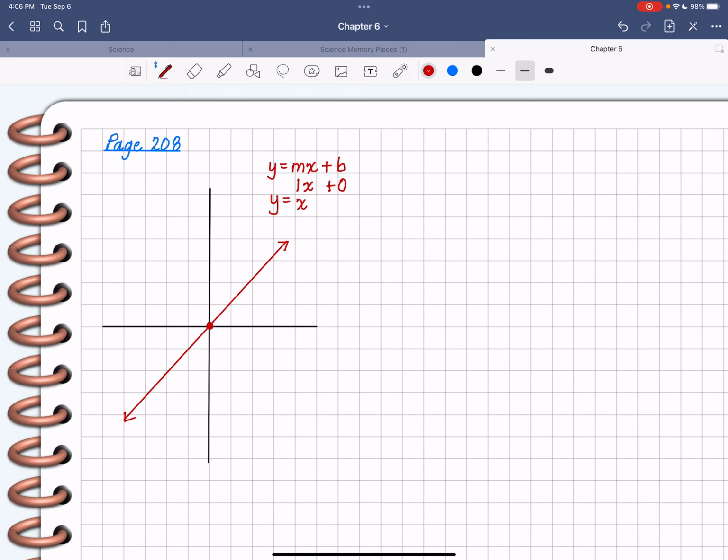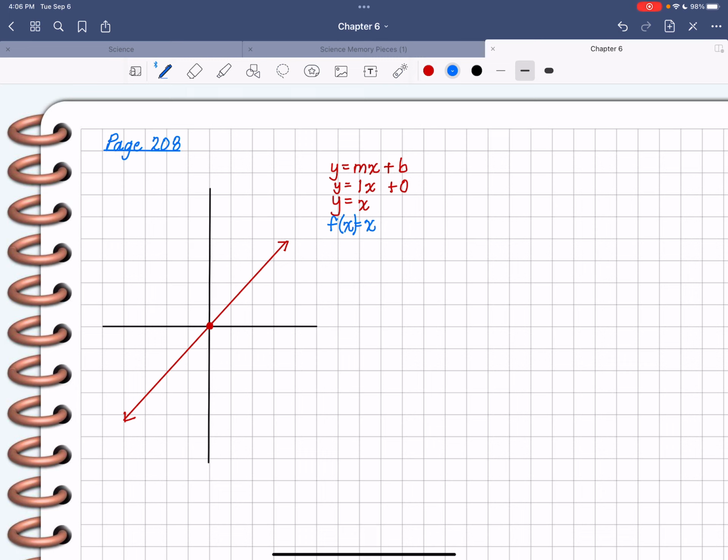So this should not be new at this point. Now, you've also learned that we can take this notation and substitute f of x for y. So this means exactly the same thing, saying the same thing.